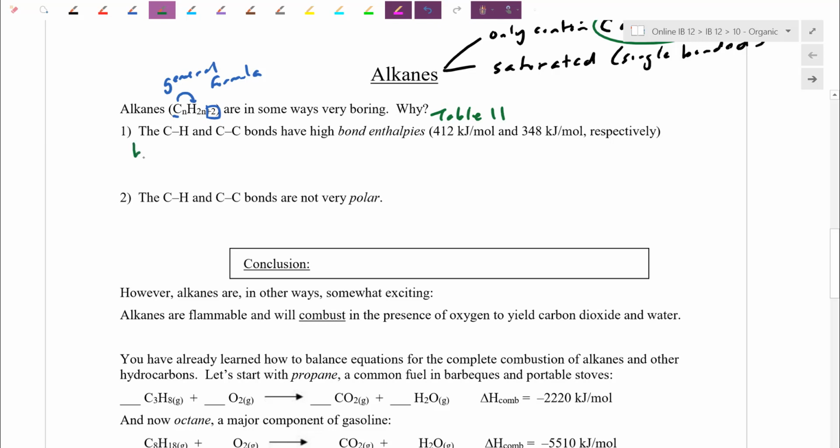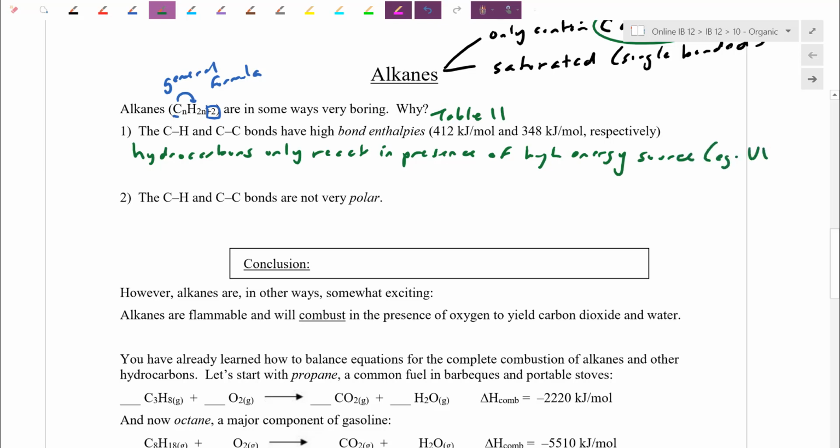So let's just write here, hydrocarbons only react in the presence of a high energy source. We're going to see later on in this lesson an energy source like UV light that's going to be energetic enough.